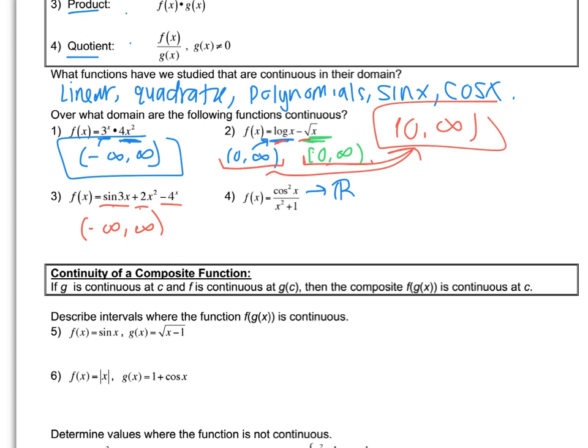This function having a fraction should raise a red flag for you because we cannot divide by 0. However, the only way that this denominator could equal 0, if you think about it, since it's x squared plus 1, would be if x squared, when you add 1 to it, equals 0. That would mean x squared would have to equal -1.